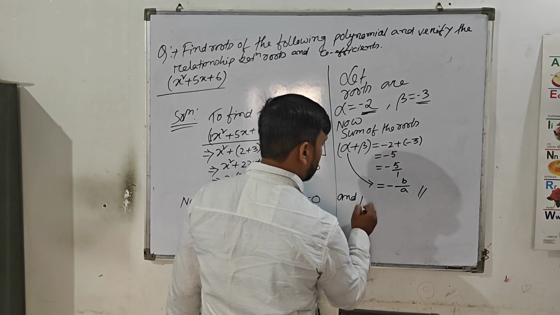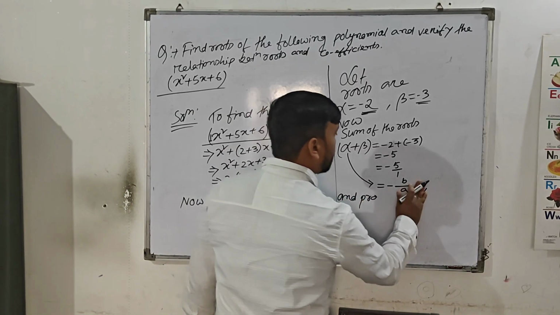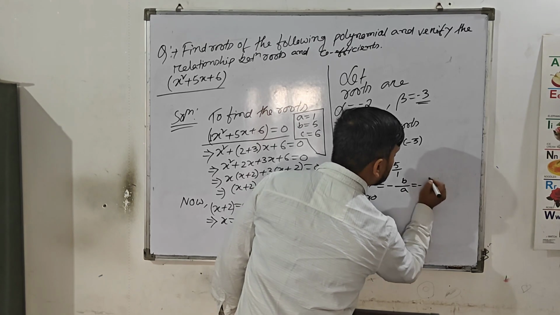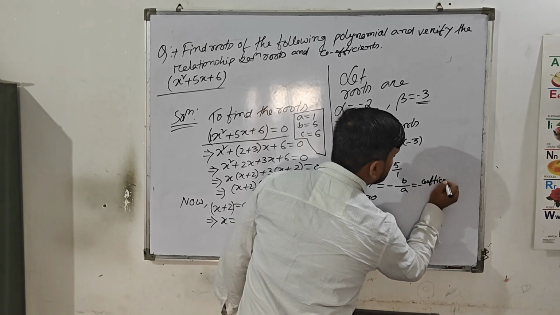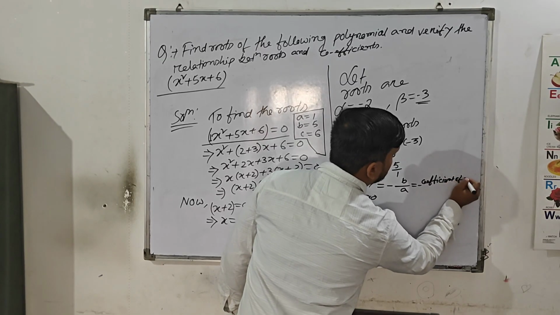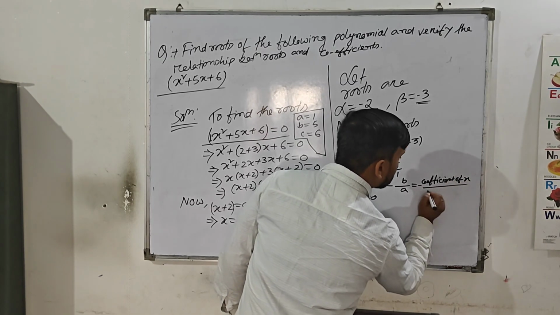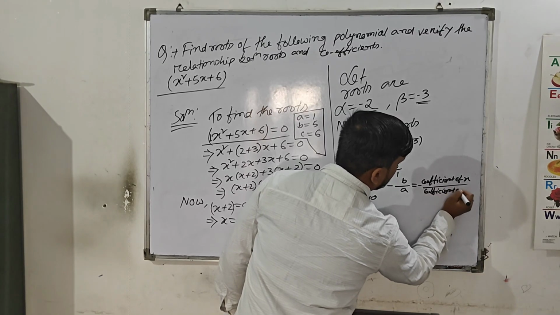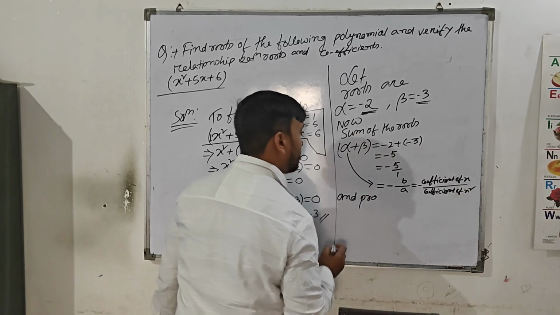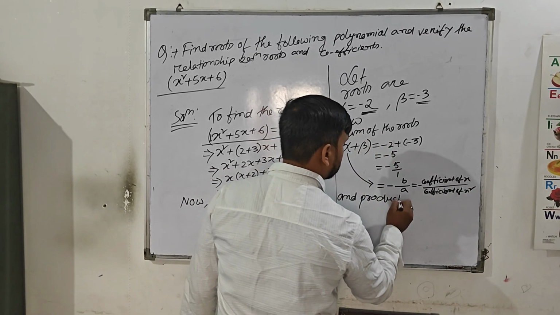And product, do not forget to write this: minus coefficient of x, coefficient of x squared, product of the roots.